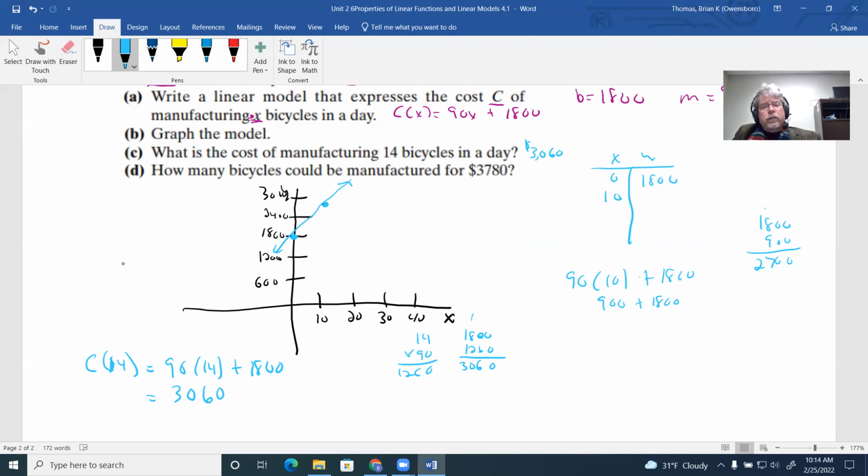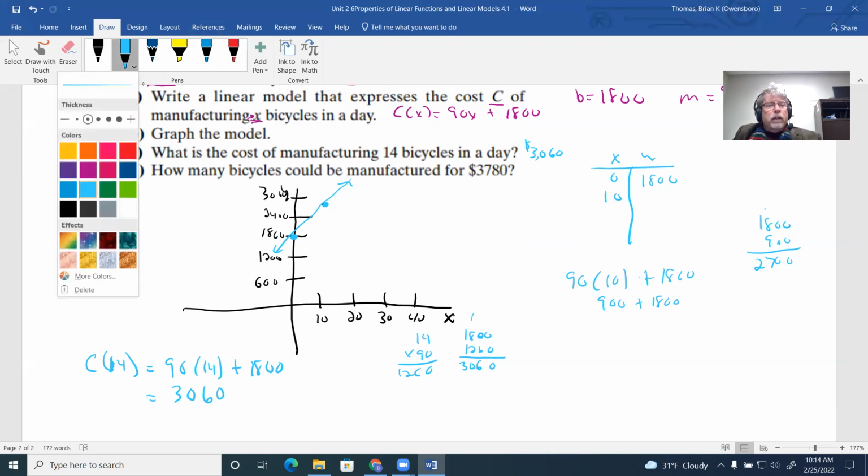How many bicycles could be manufactured for $3,780? Here it looks like they're giving us the cost, and we're trying to find the number of bikes. So we're basically looking for what x is, and we know what the output is.